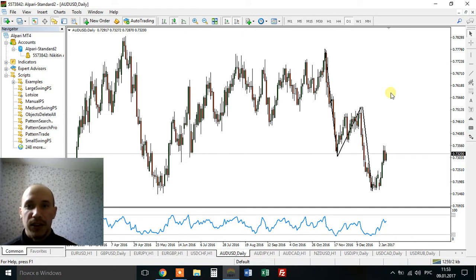The theory of Dow Jones says that there are trends in the market, they are tendencies, and they are most likely to continue. There are large trends, medium trends, small trends, and so on and so forth. You can find lots of postulates of Dow Jones theory on the web if you are interested.